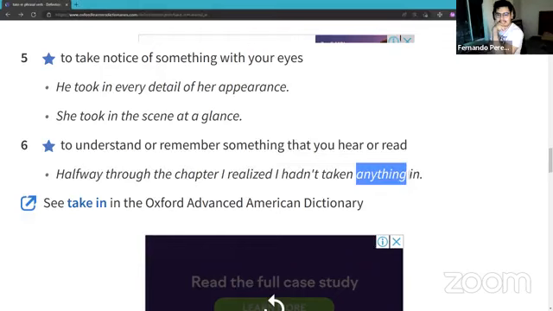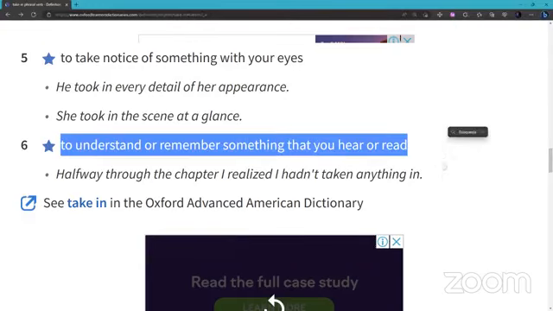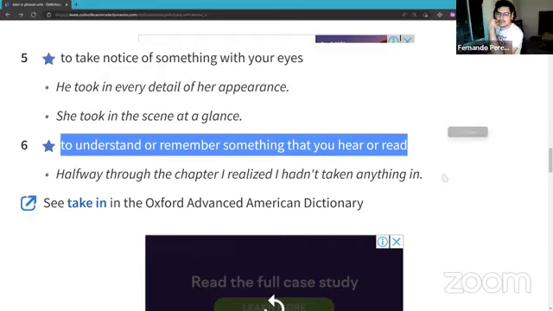So you erased anything? It doesn't make sense. What is the synonym for taking in this case? Teacher, I know it, but with this talk, I forget it. Well, don't worry. You can come back to the idea.